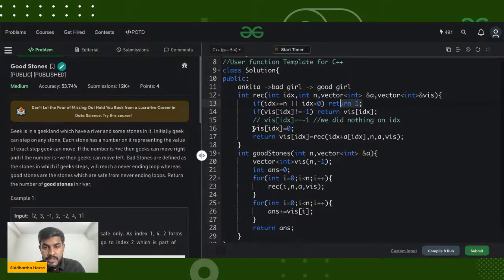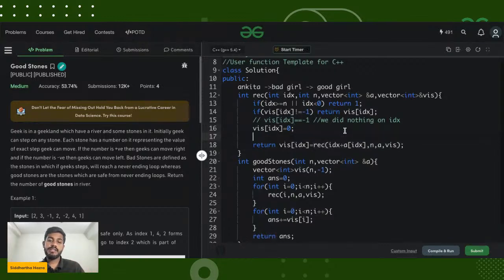This bad stone would only change if something from here tells me that this is a good stone, if this value gives me 1.